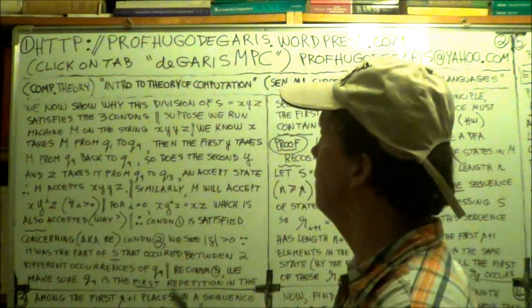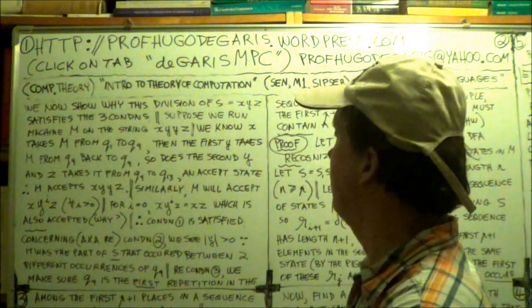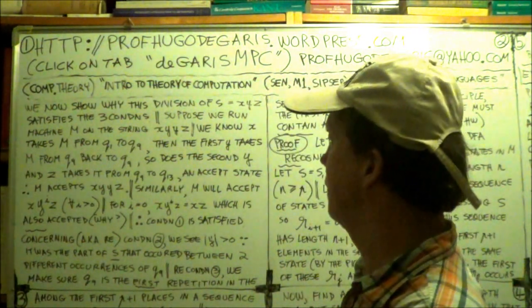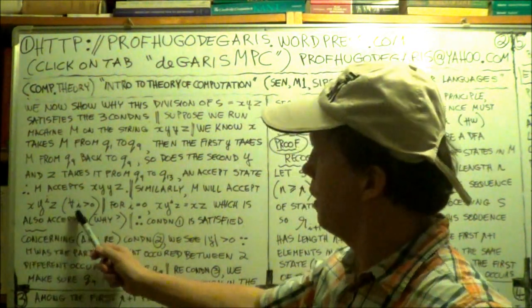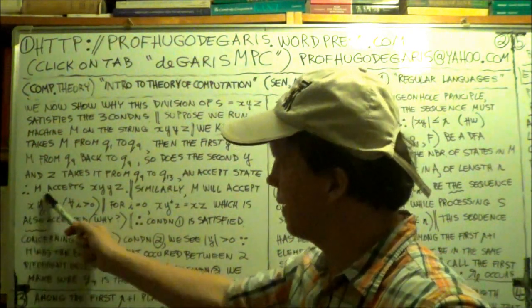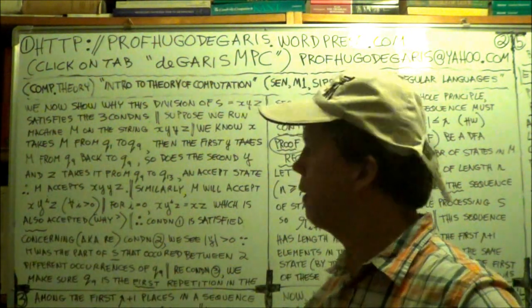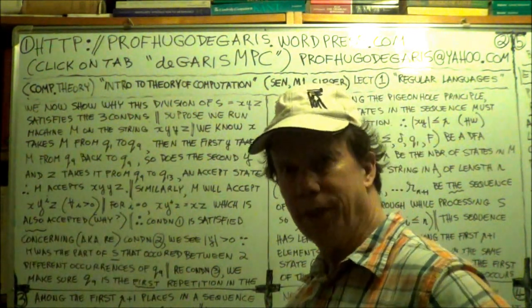So you probably see where this is going now. For any positive integer I, this will be accepted by the machine, and therefore this string belongs to the language A.